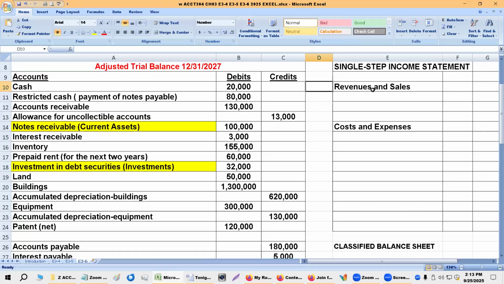This is revenues, this is just money coming in, and this is money going out. It's a little more complex than that, but that's basically what they're doing here. And so, say, why don't they just make it a multi-step like they're supposed to?